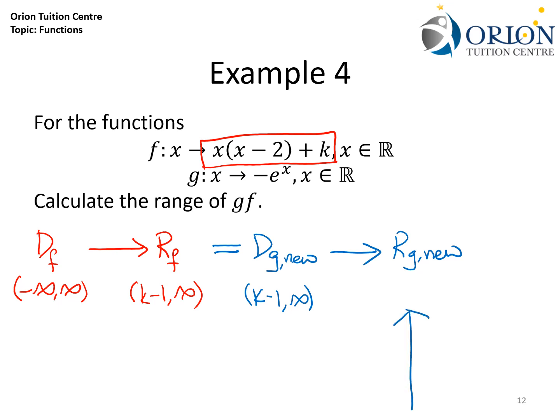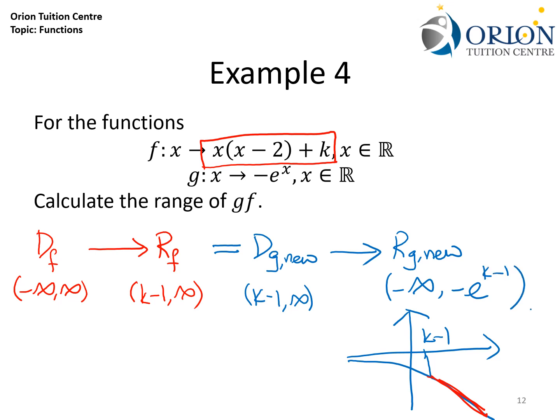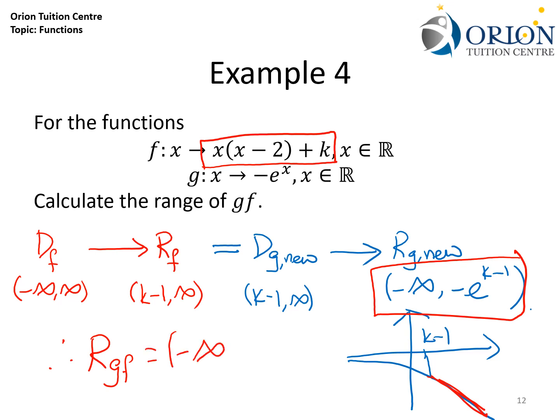If we draw the graph out and k minus 1 is over here, it will be this portion over here, which means that the range will be from minus infinity all the way until negative e to the power of k minus 1. And this value over here will be equal to the range of gf. And I can say that the range of gf therefore equals negative infinity all the way to negative e to the power of k minus 1.